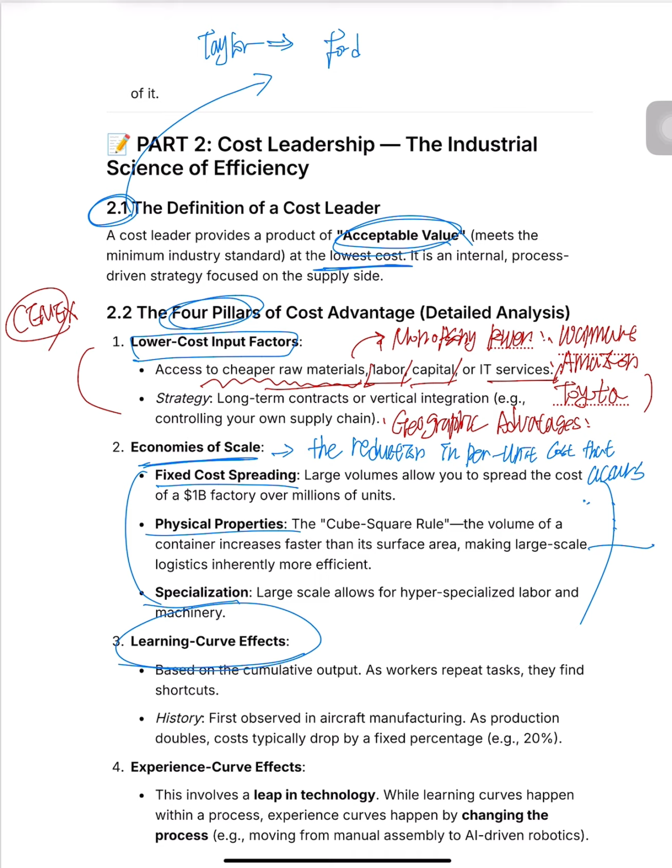The rule states that every time the cumulative volume of units produced doubles, the labor hours required to produce each unit fall to 80% of the previous level. So this creates a compounding dynamic advantage for the first mover. So I'm gonna write it for you guys.